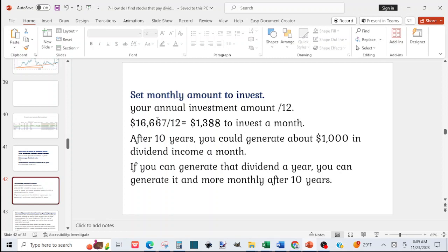Does that make sense? If you are investing $1,300 to $1,400 a month for 10 years, you are making about $1,000 in dividend income a month, which is close to what you are investing a month. I don't know if that makes sense. So yeah.